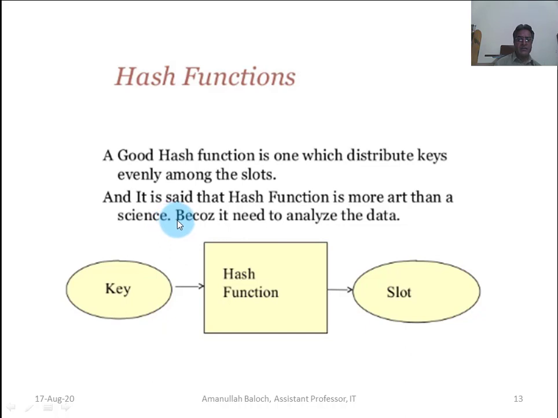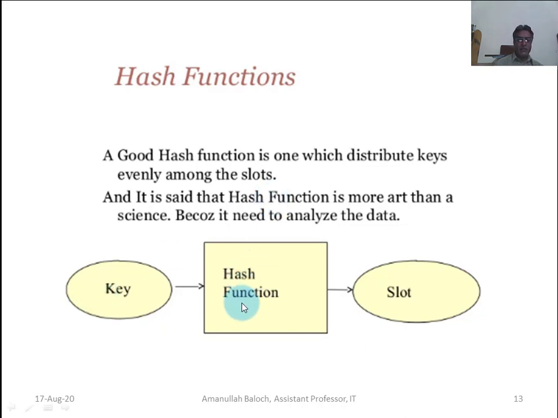We see how to manage our available memory locations for the required records, because we need to analyze the data. We analyze the data and then decide how smart a hash function should be to manage this data in the available memory locations.